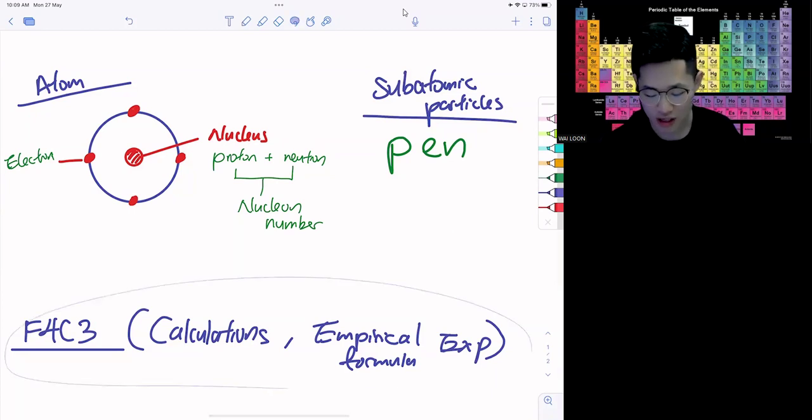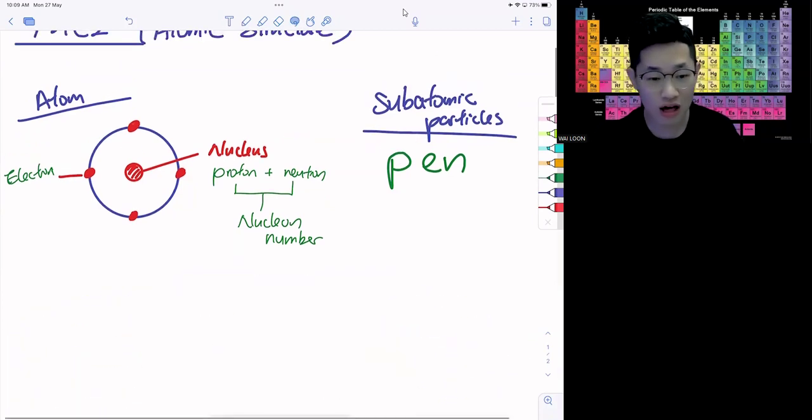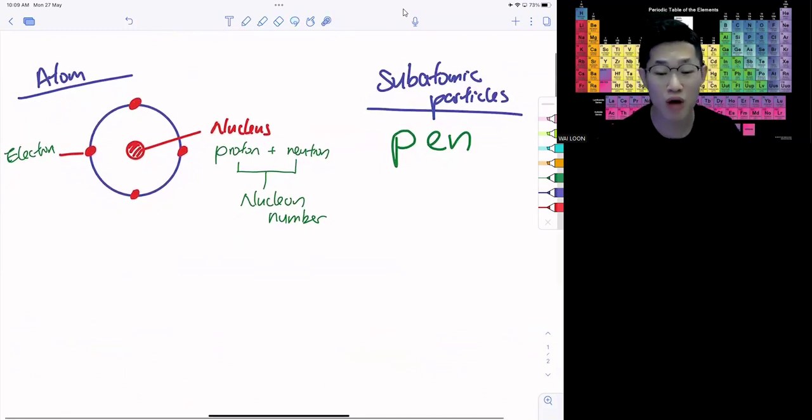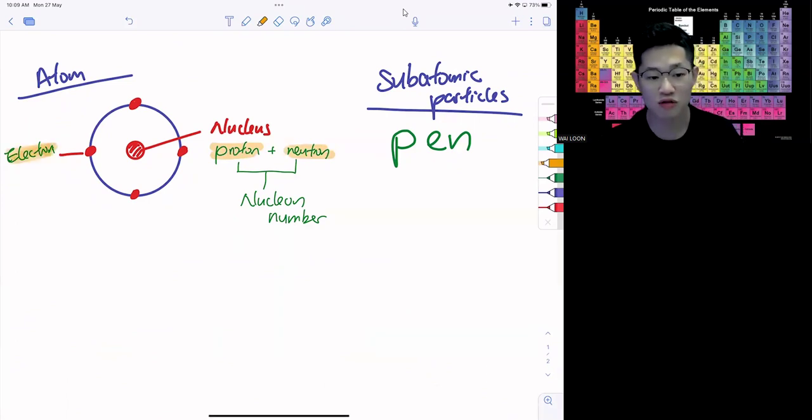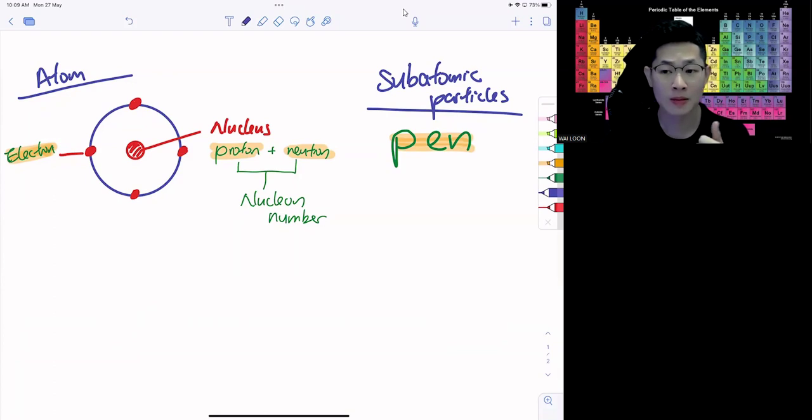If you understand this already and don't have any question, you can write it down somewhere already. I'll give you 1 minute. Write down somewhere: an atom is made of 3 subatomic particles, proton, electron, and neutron. Once you're done writing the notes, let me know.